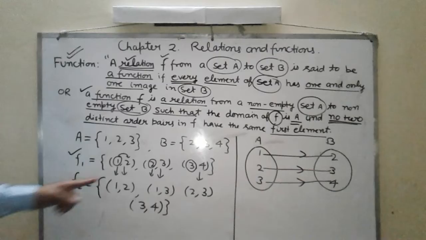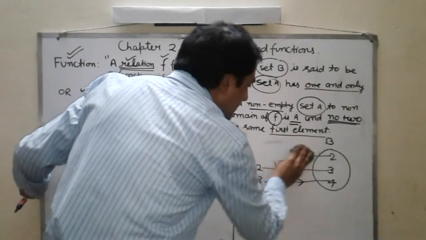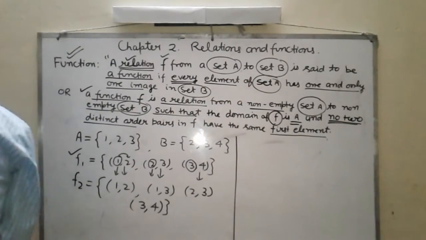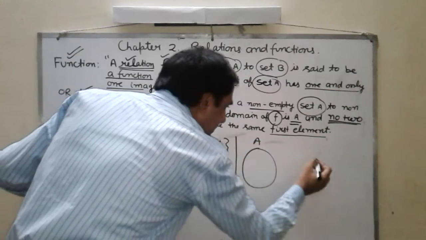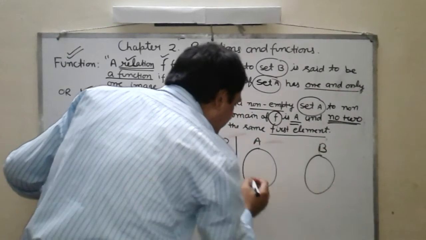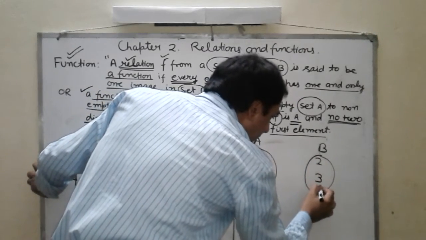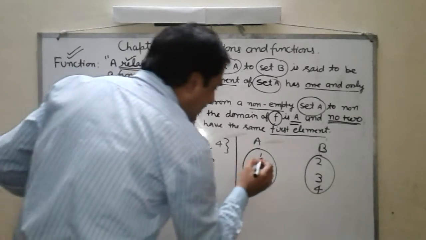Now I am going to represent this subset F2 with the help of an arrow diagram. Set A, set B, 1, 2, 3 and 2, 3, 4. Here the image of 1 is 2 and 3 is also the image of 1.